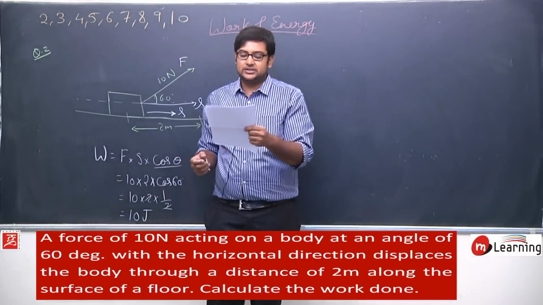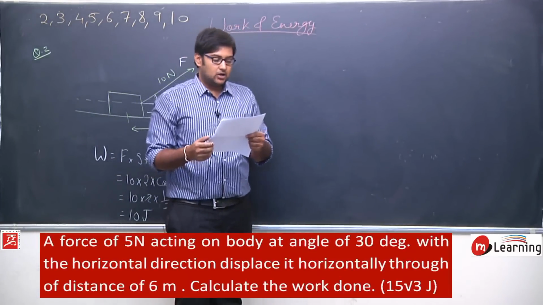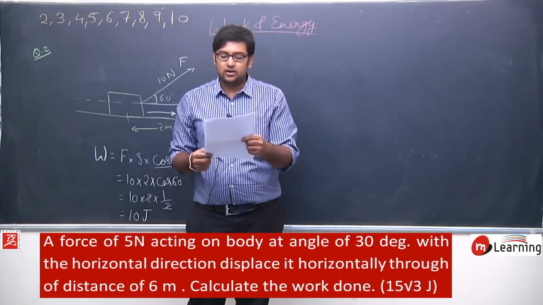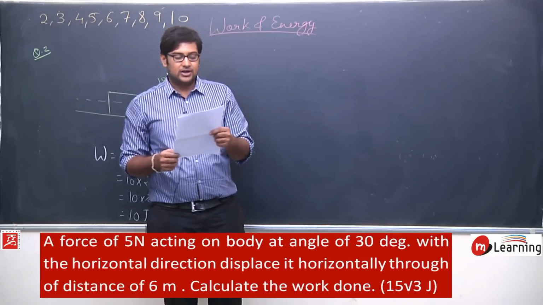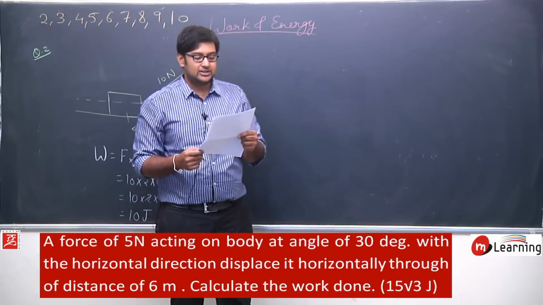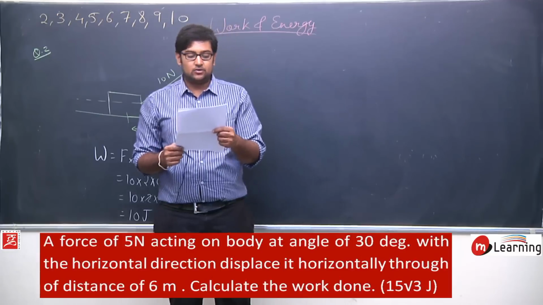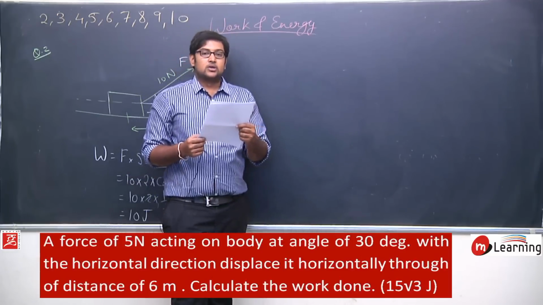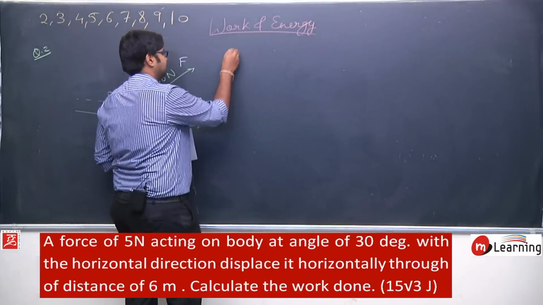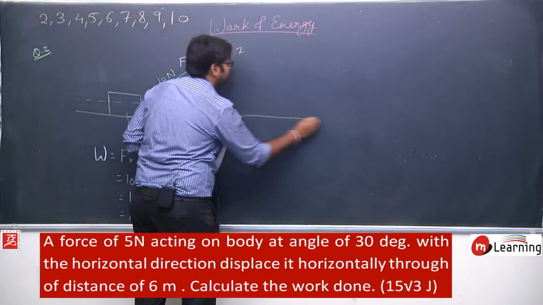Now moving to the next question. It says a force of 5 Newtons acting on a body at an angle of 30 degrees with the horizontal direction displaces it horizontally through a distance of 6 meters. Then calculate the work done. It is similar to question number 7.